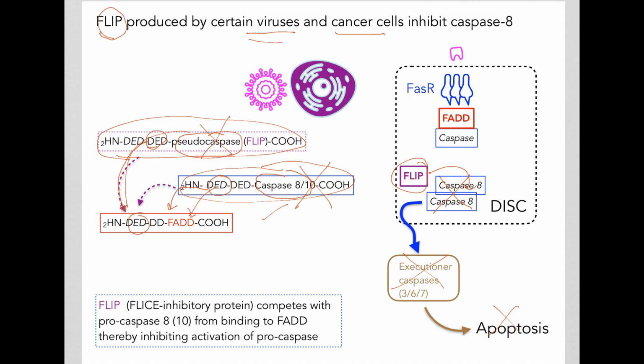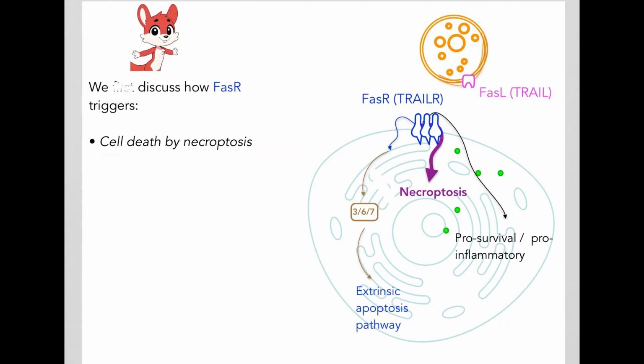So that's how some viruses and cancer cells survive, by stopping apoptosis, by producing the protein called FLIP. Okay, so that's how Fas-R causes extrinsic apoptosis.